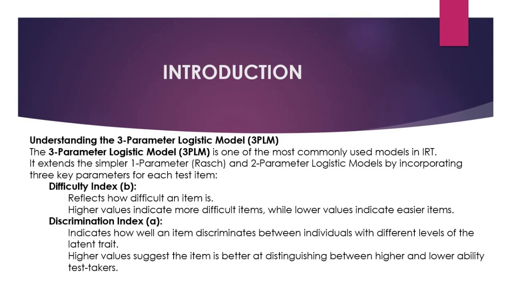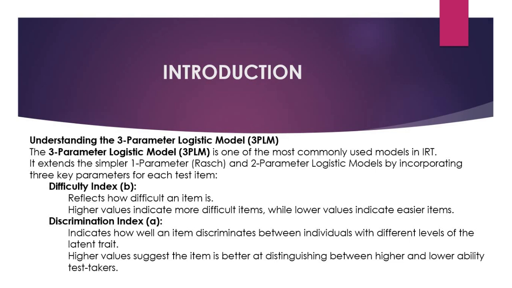Alright, so briefly we also want to talk about the 3-parameter logistic model. The 3-parameter logistic model, or 3PLM, is one of the commonly used models in IRT, which itself is an extension of the simpler 1-parameter and the 2-parameter logistic models, and it incorporates 3 basic parameters.